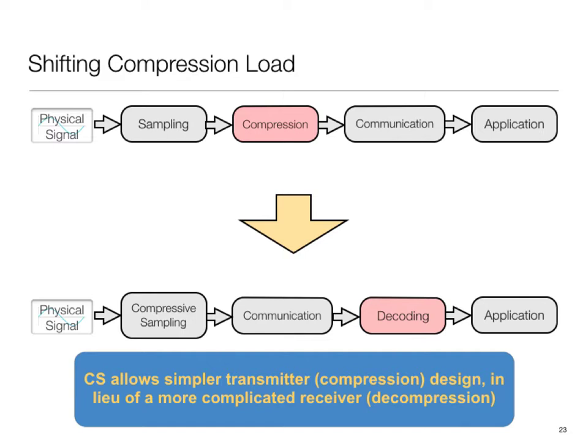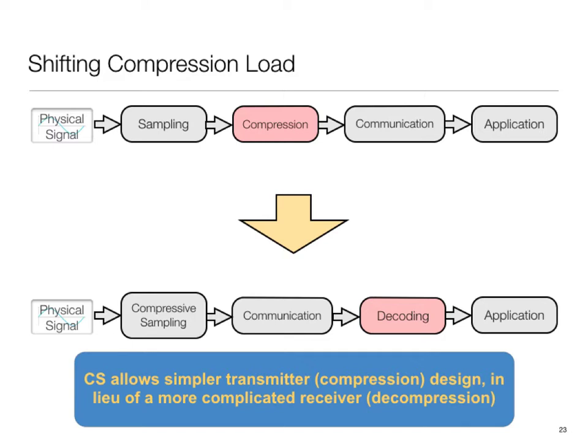My compression side, the sender side or the sensor side, becomes more efficient because it's sampling less, okay? But the decoder side becomes more complicated. That's fine usually, because sensors are on the more resource constrained devices, and decoding may be taking place in a cloud service, for example, right?